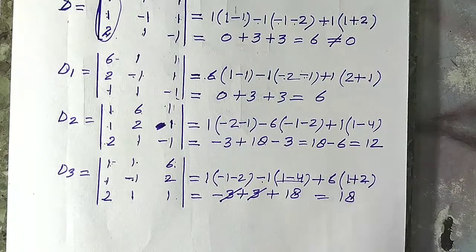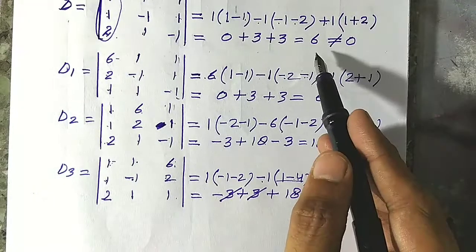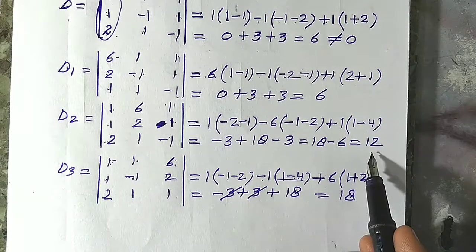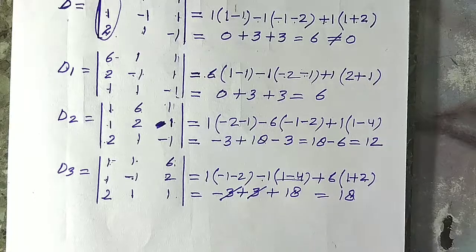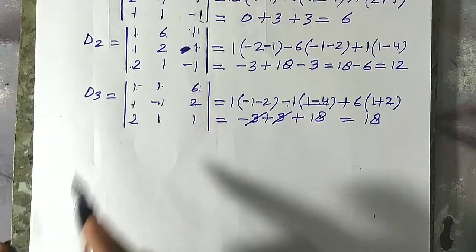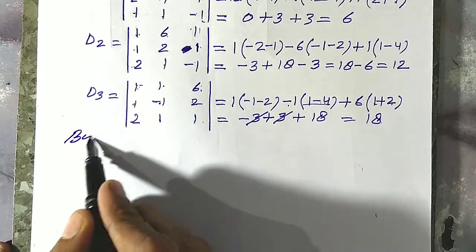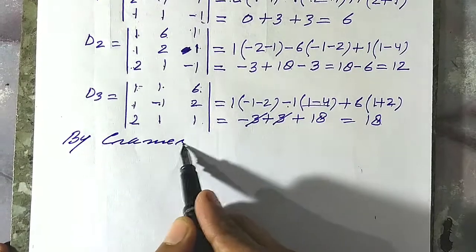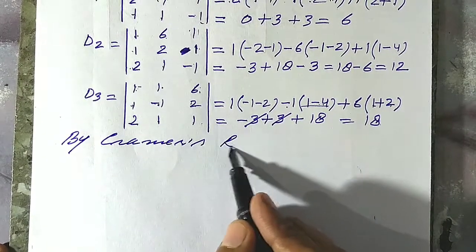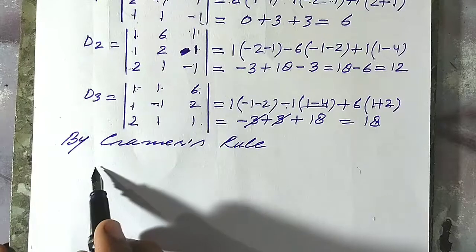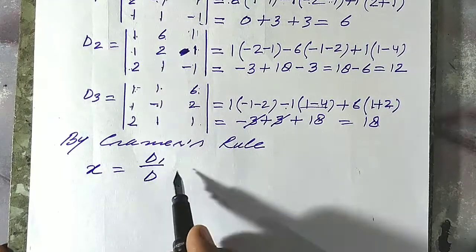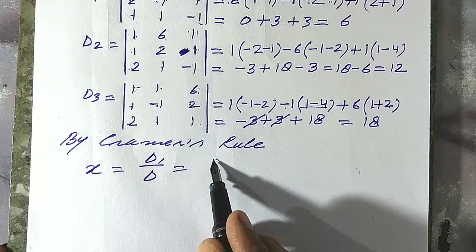So we get D is equal to 6, D1 is equal to 6, D2 is equal to 12, and D3 is equal to 18. Now by Cramer's rule, X is equal to D1 upon D. So substitute the value.